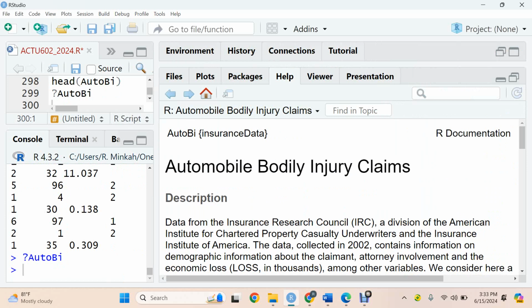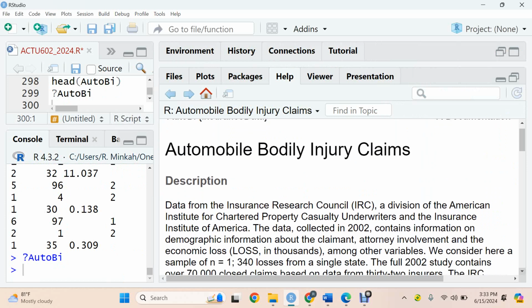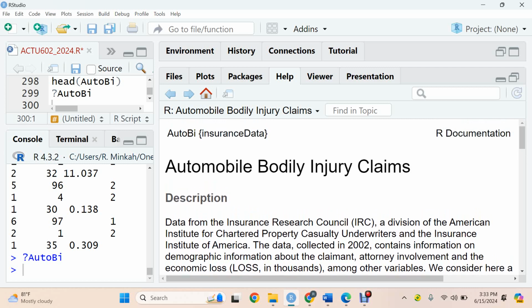So this is the description. As I said, these are real data sets, which you can use in your projects and theses that you are going to do. So this is data from the Insurance Research Council, a division of the American Institute of Chartered Property Casualty Underwriters. The data was collected in 2002.